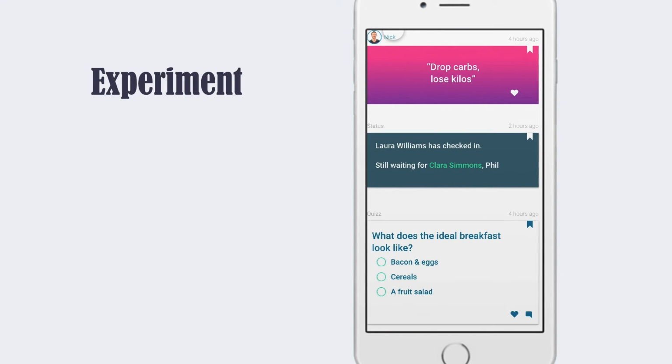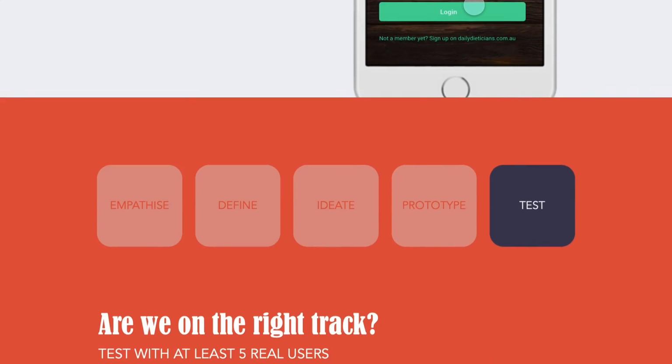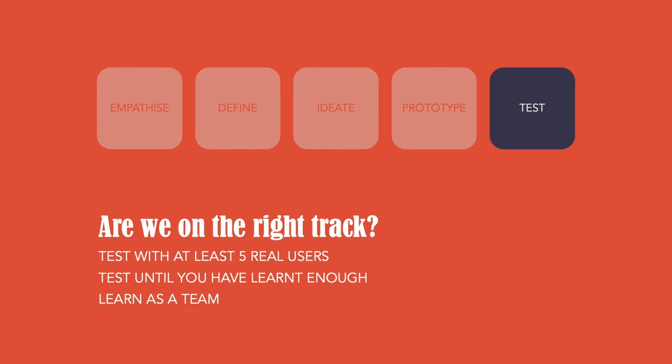Now, the fifth and final step in design thinking is test. Are we on the right track? You want to test the prototype that you've built to validate your most promising ideas that you've had to solve the problem that you defined earlier. Now, as a rule of thumb, you want to test with at least 5 real users.